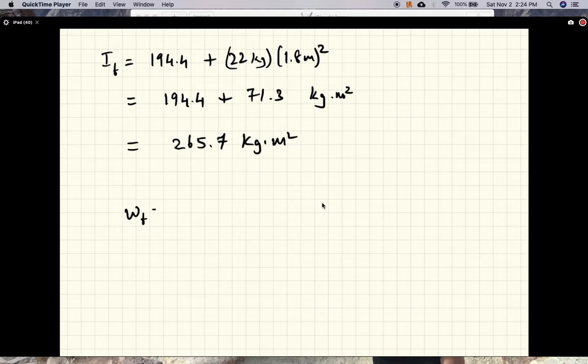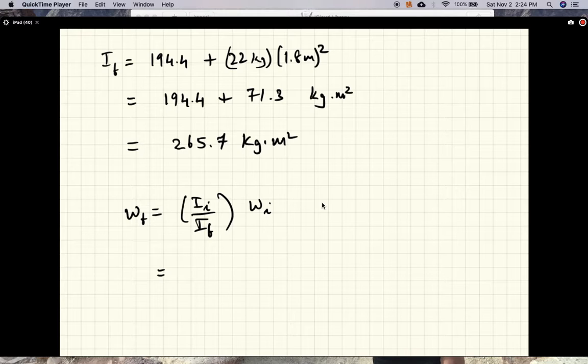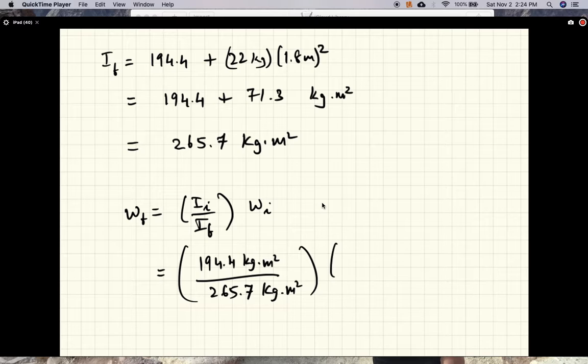So omega final is I initial over I final times omega initial. Alright, so I initial is 194.4 kg meter squared, I final is 265.7 kg meter squared, and the initial angular velocity is half a revolution per second.